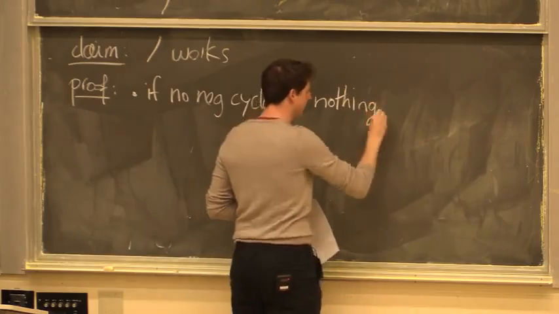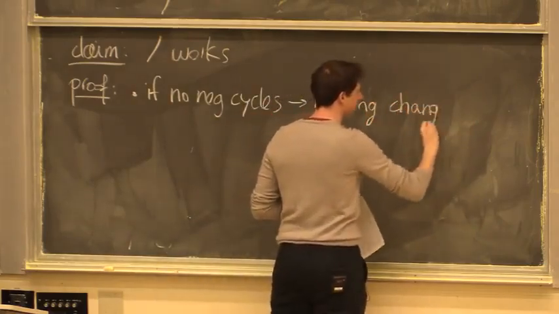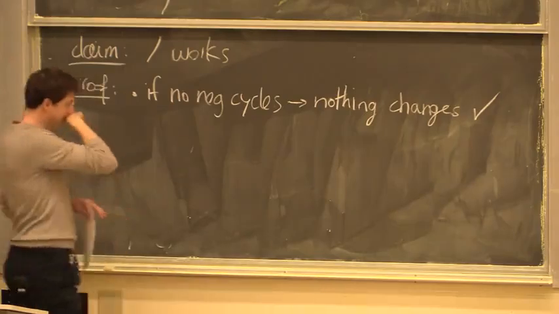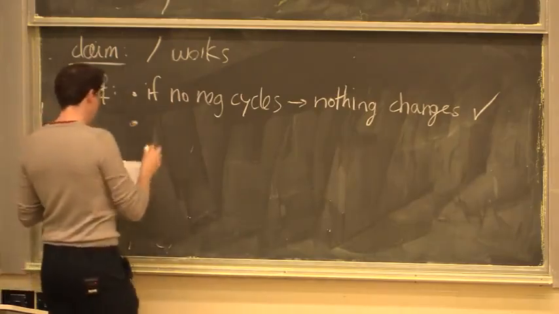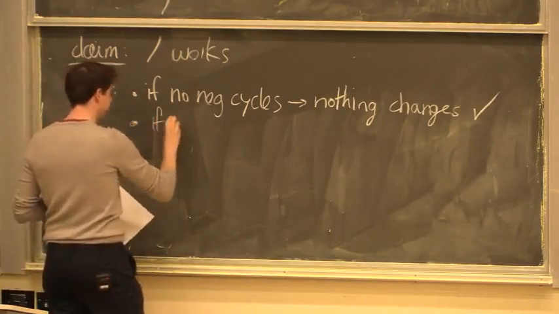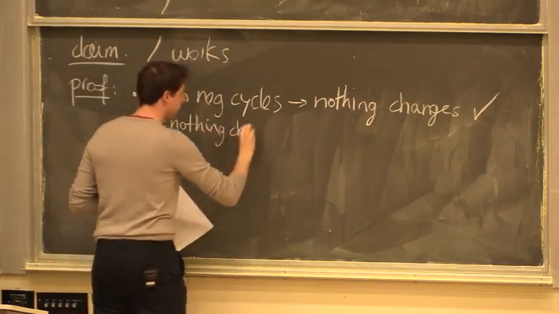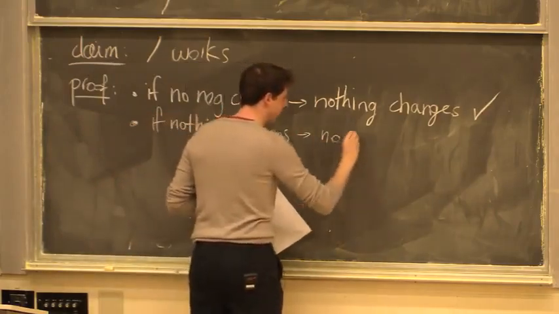This was the correctness of Bellman-Ford. Okay, so this is fine. But now we need to say that if nothing changes, then there are no negative cycles.